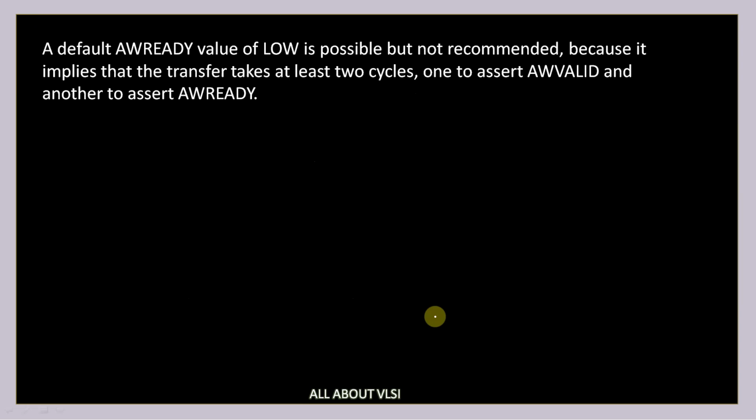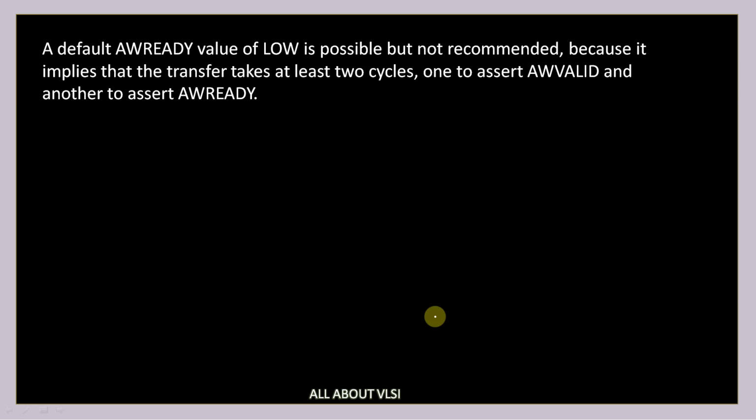Now, a default AW ready value of low is also possible, but it is not recommended. Why is it not recommended? Because it implies that the transfer takes at least 2 cycles, one to assert our AW valid and another to assert the AW ready signal.